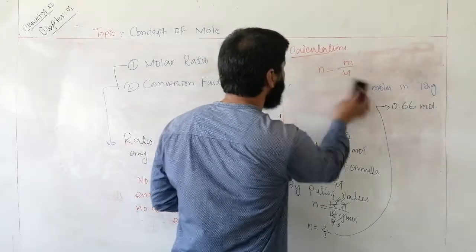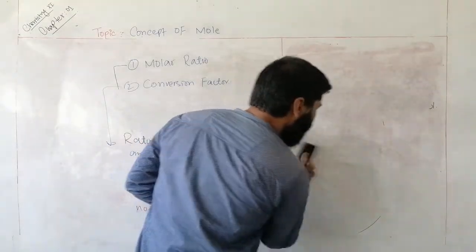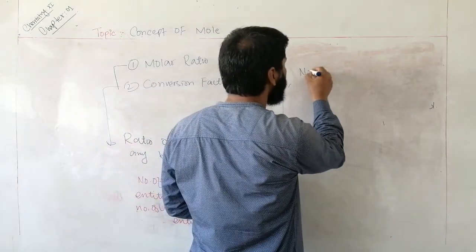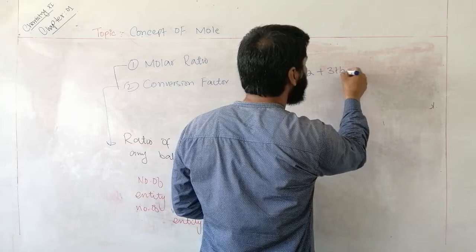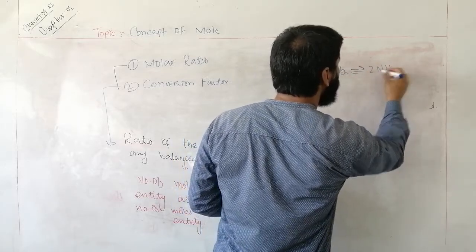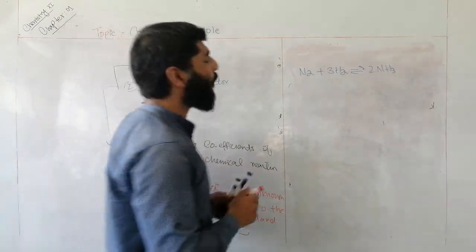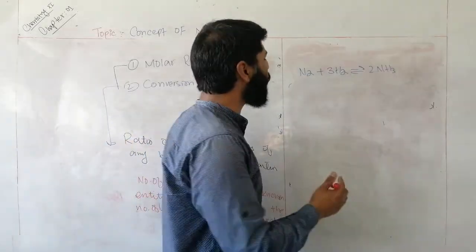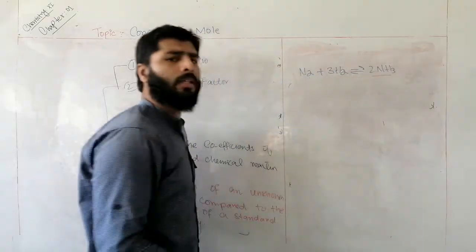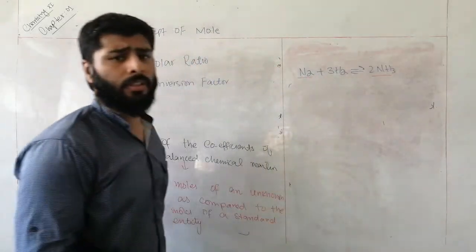For example, you are given a reaction, and you are asked to find the number of moles of ammonia formed when a certain number of moles of nitrogen are used.